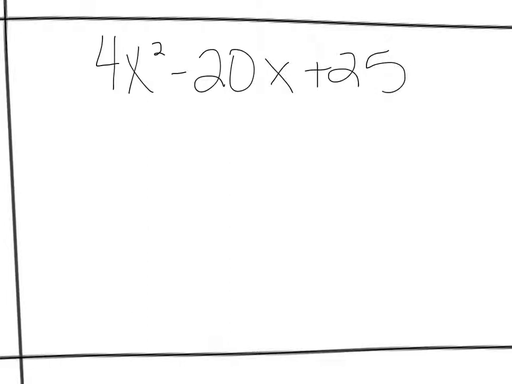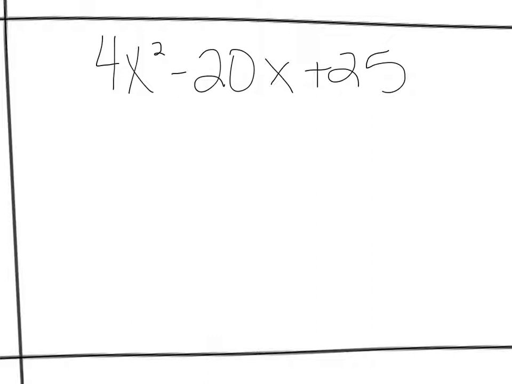Okay, I want you guys to try this one. 4x squared minus 20x plus 25. First, decide if it is a perfect square, and if it is a perfect square, factor it. Okay, we're always going to start at the beginning. Do I have a greatest common factor? No. Okay, no greatest common factor. How many terms?